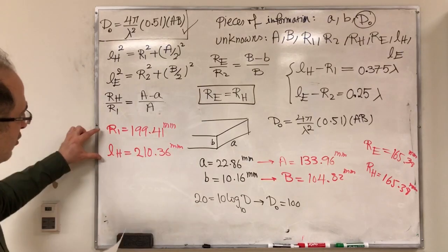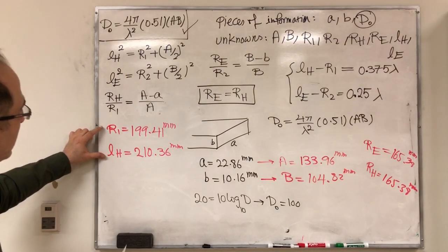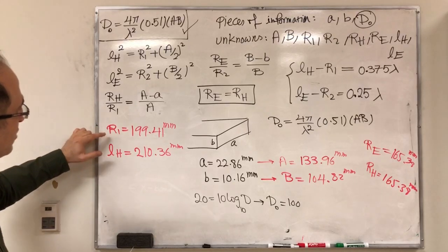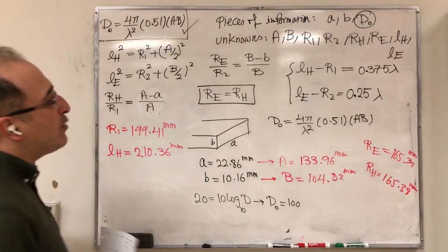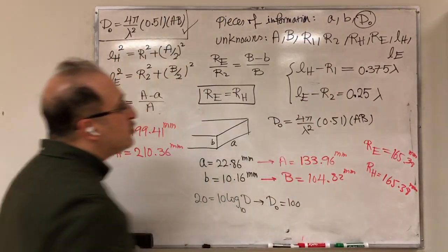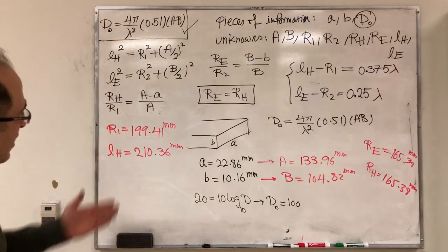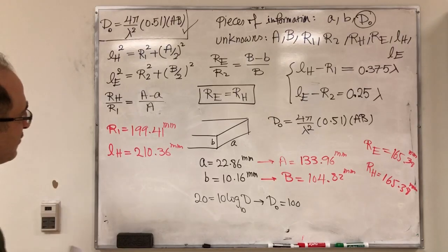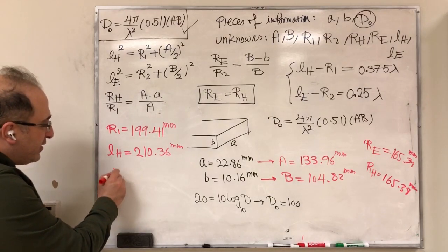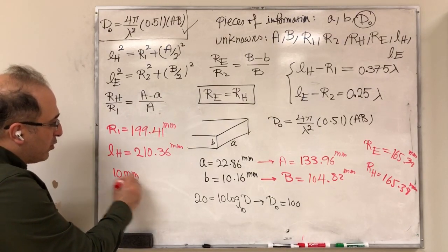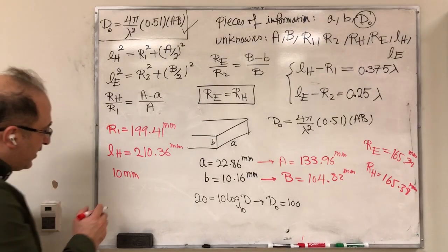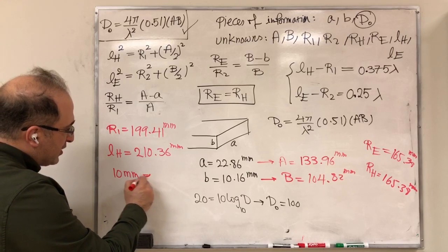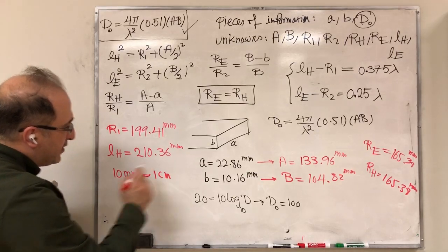Now, this is also interesting because you can actually see that the difference between R1 and LH is not too much. According to this equation, they should be relatively small. And if you look at that, you see the difference is in the order of 10 millimeter almost, or approximately 1 centimeter.